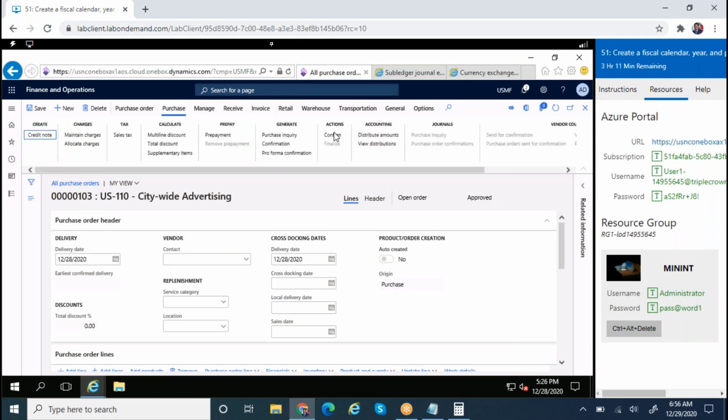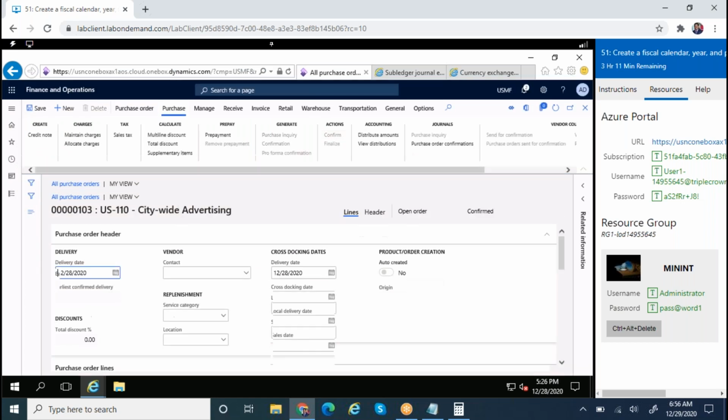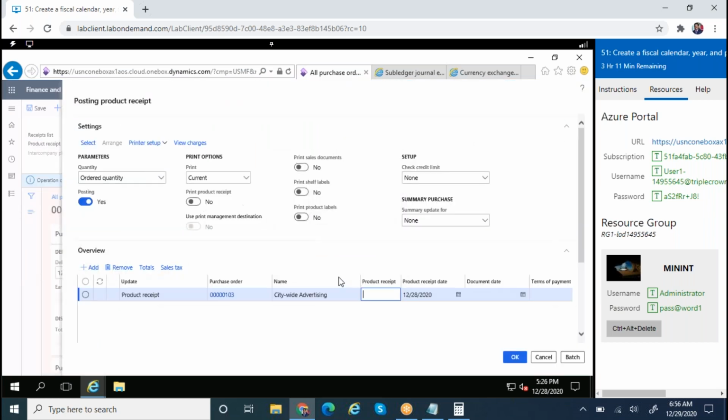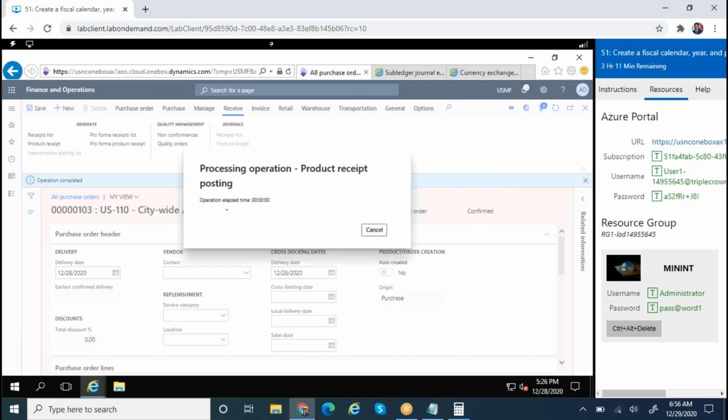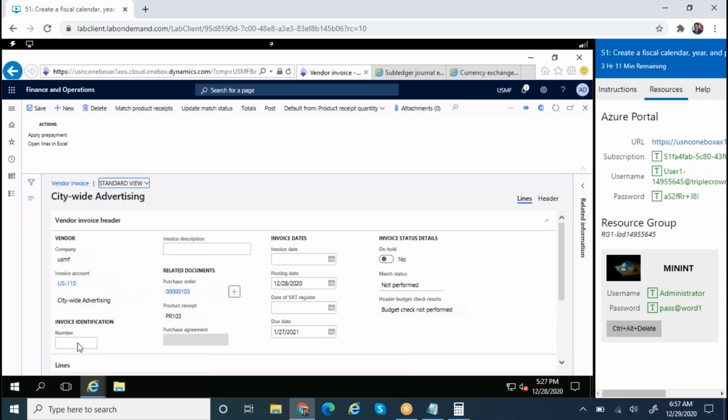Let me do confirmation, on a product receipt, and then invoice. Post.